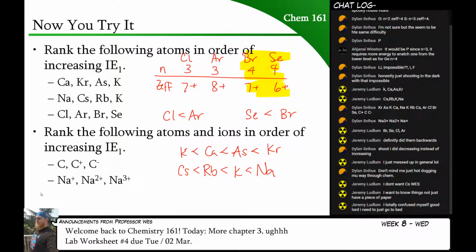So we got that. Now let's compare two other ones. I'm going to compare these two because they have the same Z effective. And of these two, bromine is lower than chlorine. So we can write that down too.